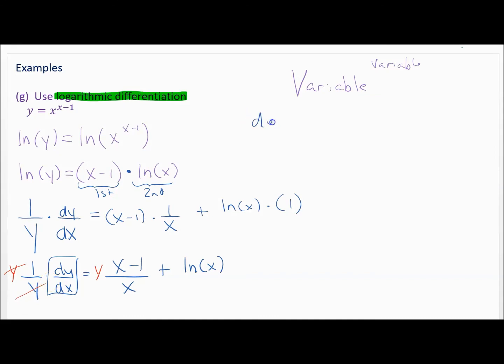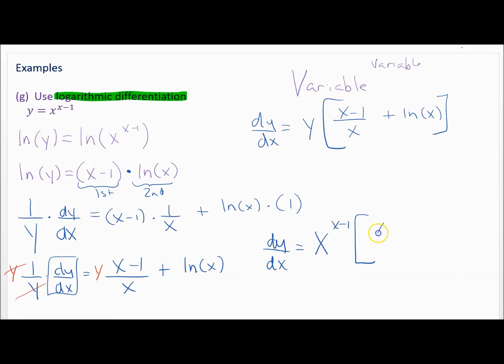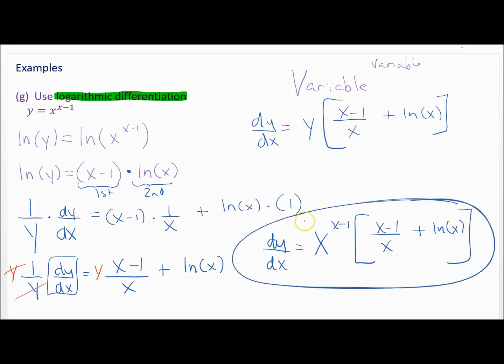So up here I have dy over dx is equal to y times x minus 1 over x plus the natural log of x. And we are almost finished. I know what y is. Remember, that was in my original equation. So I'm going to say my final answer way down here, dy over dx is y, which is x to the x minus 1 power, times x minus 1 over x plus the natural log of x. And that is my final answer.